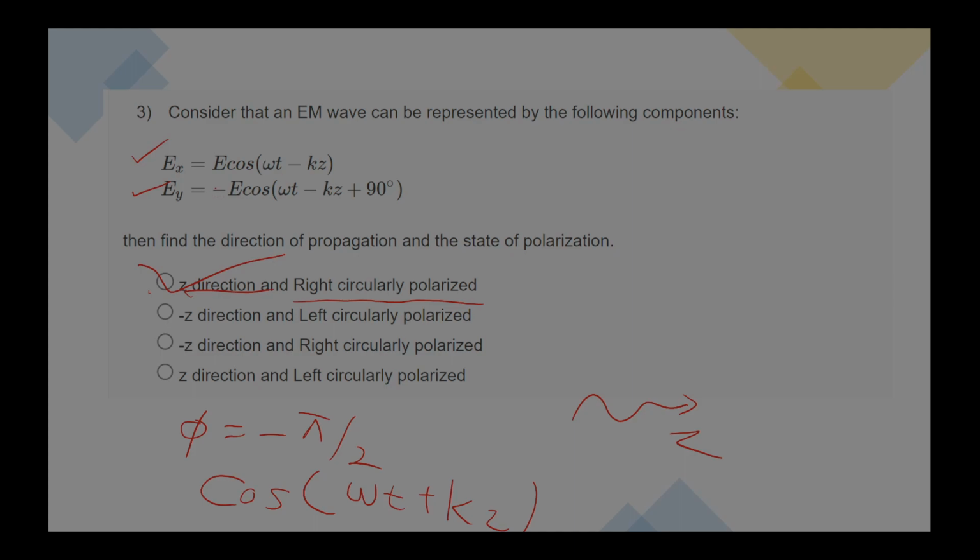If you see, this negative minus cos theta is there. If you want to convert into, suppose this is there, cos(theta plus 90).